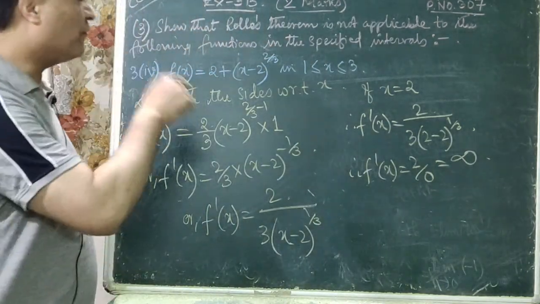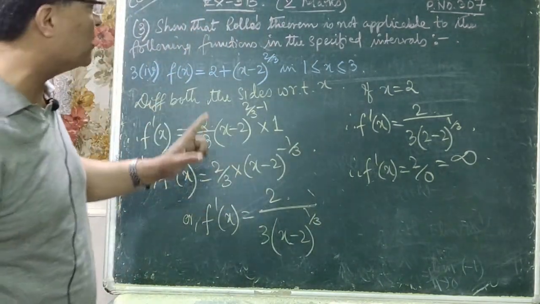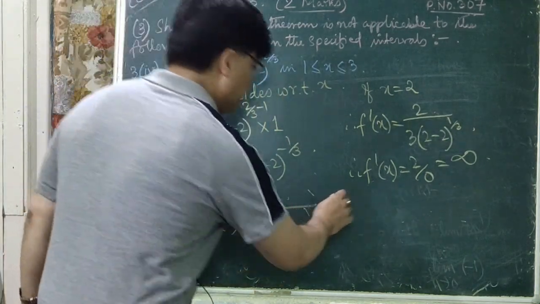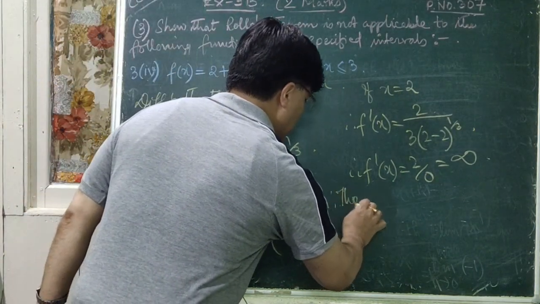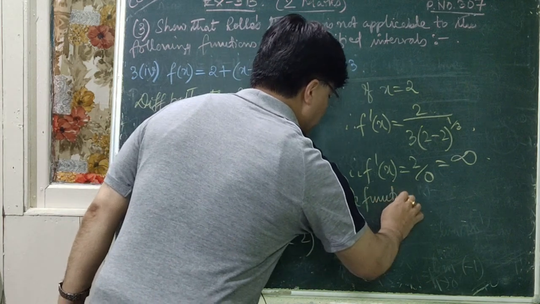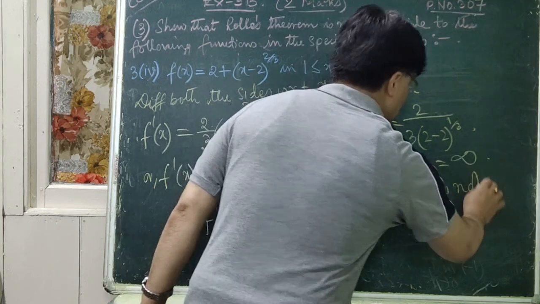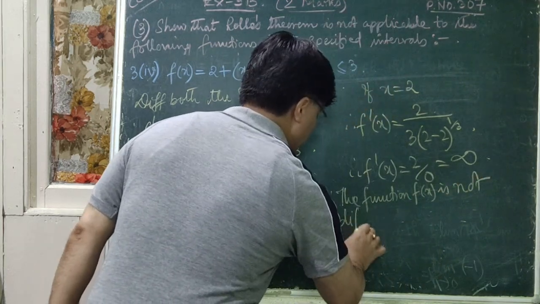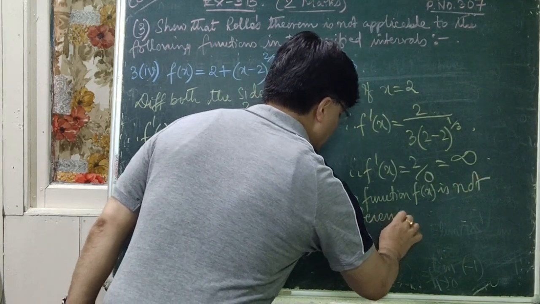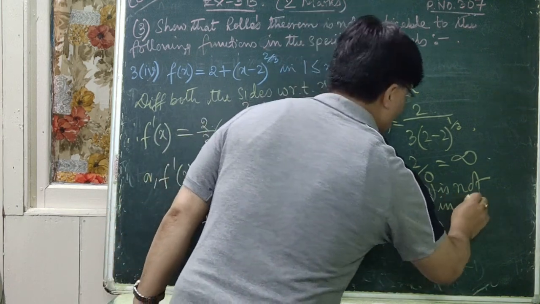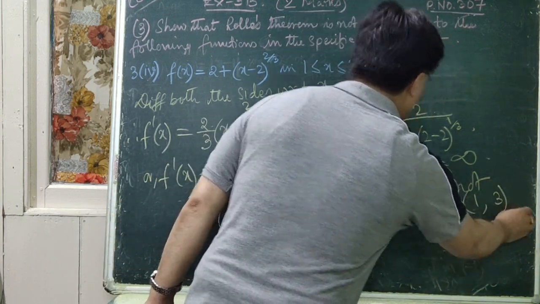That means the function f of x is not differentiable in the open interval 1 less than x less than 3. Therefore the function f of x is not differentiable within bracket 1 comma 3.